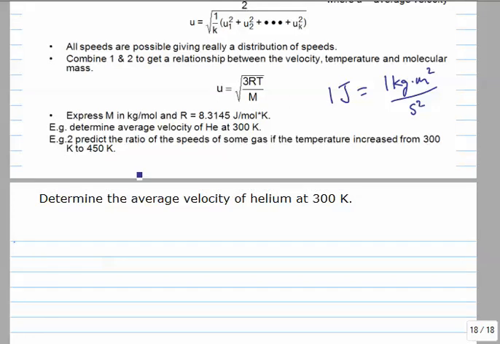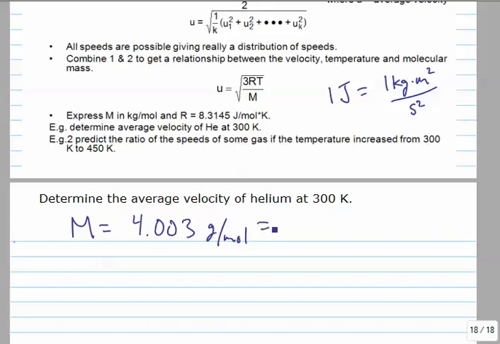So for example, if we have helium at 300 kelvins, we can determine the average speed, that is the root mean square velocity, simply by taking into account the temperature and the molar mass. Here, M for helium, if we look in our periodic table, is 4.003 grams per mole.